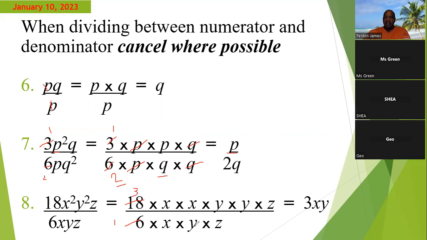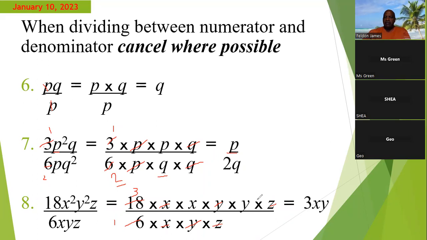For the letters, there's an x here that can cancel with an x here. We don't have any more x down here to cancel with this one, so we leave that one. But this y can cancel with this y here. No other y remains in the denominator, but that can cancel with this z.